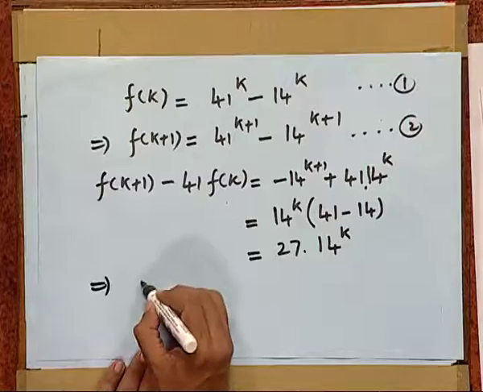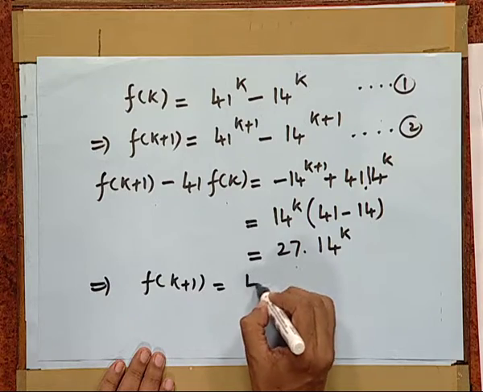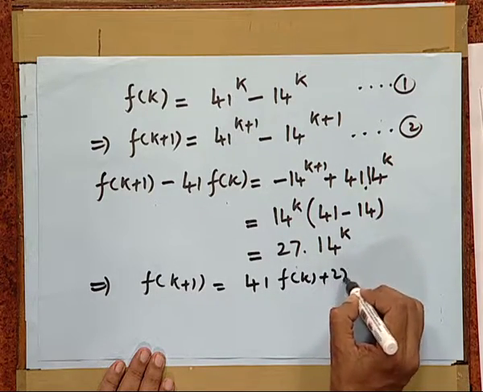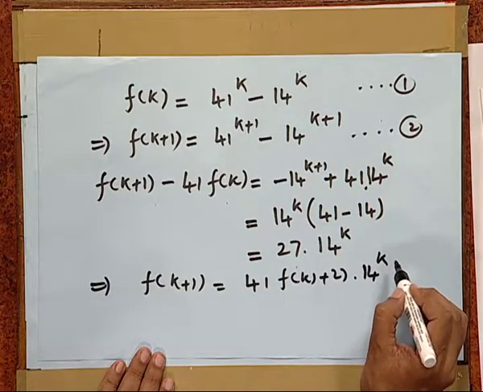This means f(k plus 1) equals 41 times f(k) plus 27 times 14 raised to power k.